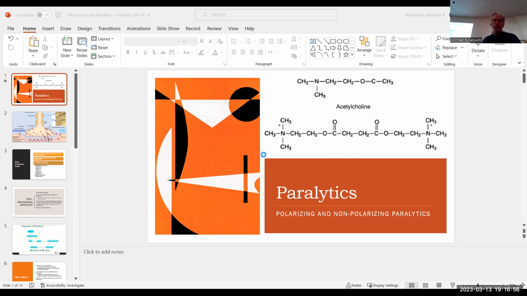The other reversing agent is sugammadex. Sugammadex, as you can see, is a cyclodextrin, and it essentially binds the drug and prevents it from working. And it's particularly good with rocuronium and vecuronium. So those are the reversing agents.